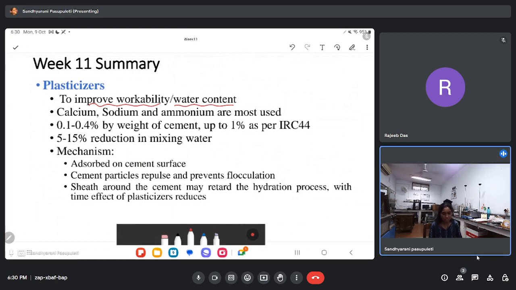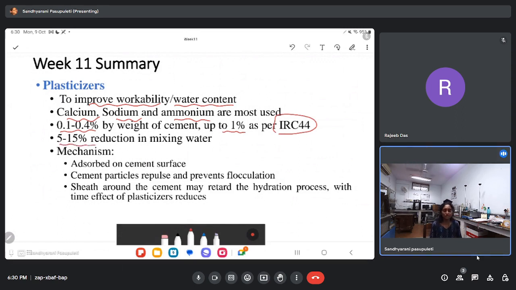So we have to use admixtures like plasticizers. Calcium, sodium and ammonium related compounds are mostly used. It is recommended that 0.1 to 0.4% by weight of the cement, and up to a maximum of 1% as per IRC 44 2017 in India, giving a 5 to 15% reduction in mixing water.